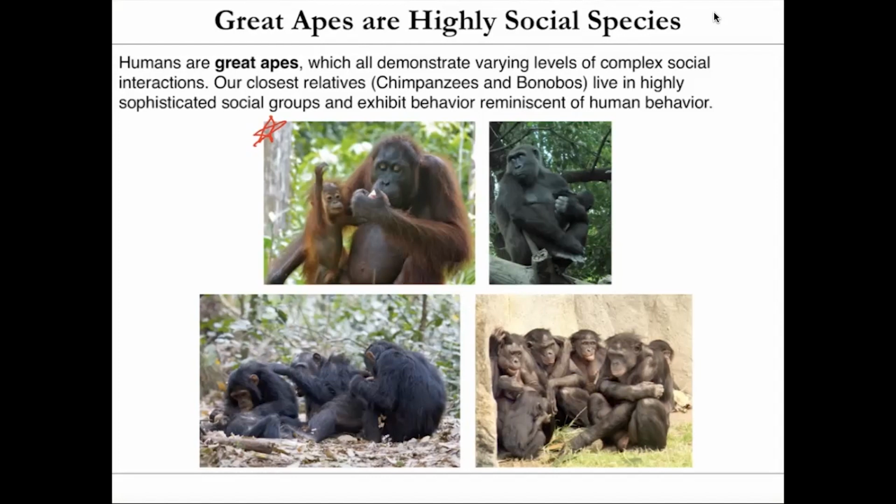So bonobos tend to live in places that are a bit more food rich or resource rich. So they have much less defined territories. They're not going to just kill other bonobos because one of them wanders off into the other one's territory. So food is more easily found.